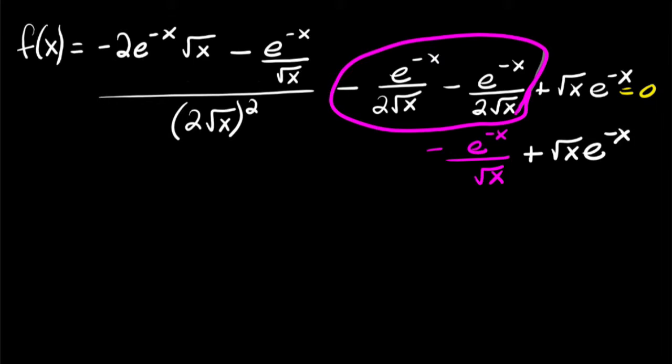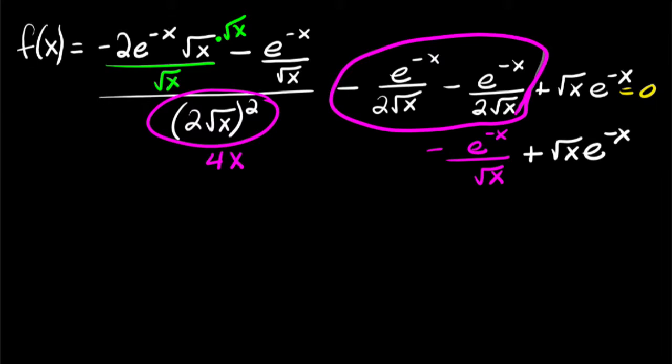Now this huge monstrosity, my goodness, let's deal with this one. If I square it, I would get 4x. And here on top, we might as well just turn that into a single fraction. So here, the LCD would be square root of x, so I could multiply top and bottom here by square root of x.